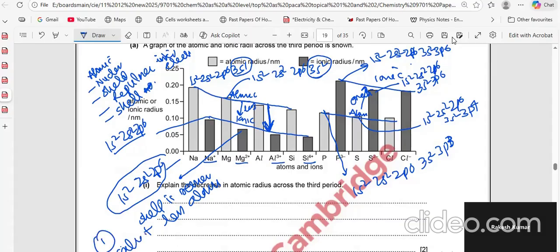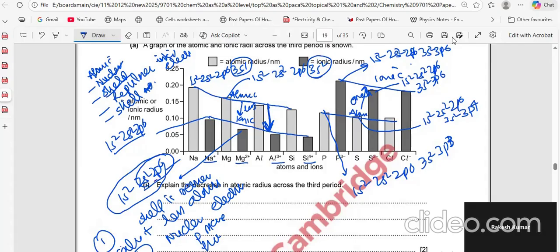That is one thing. Second factor: the electrons have reduced. The proton nuclear charge is there, but the electrons have gone away, so the protons are more relative to electrons. So they hold them strongly. So the nuclear charge per electron has increased. Shielding: no effect, because this is the outermost shell, so no effect on shielding.